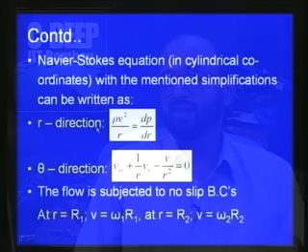As we have already seen, we are assuming the flow to be steady state, and various other assumptions we have seen. Utilizing all these assumptions, we can write the Navier-Stokes equation in cylindrical coordinates with the mentioned simplification.